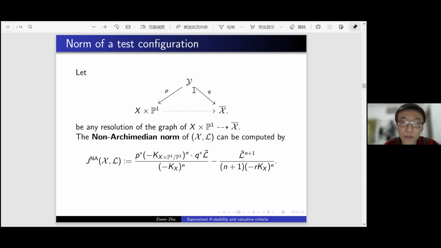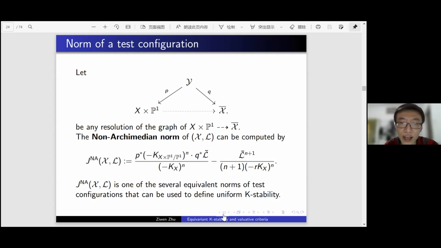We do intersection numbers by pulling back and comparing polarizations and intersection numbers on Y, the common resolution, and we get this non-Archimedean norm. If this norm is 0, we can deduce that the test configuration is trivial, meaning that it's a product, and the C star action on the test configuration is also trivial on the fiber.